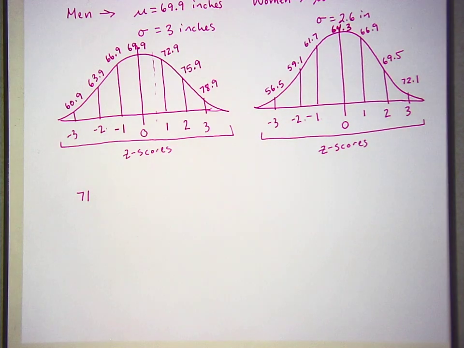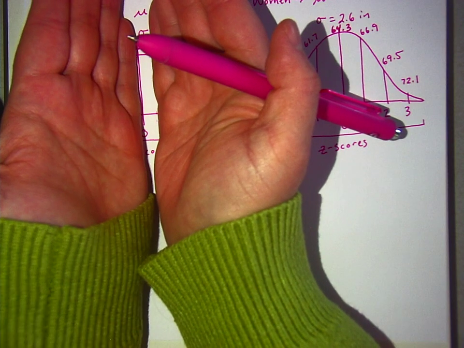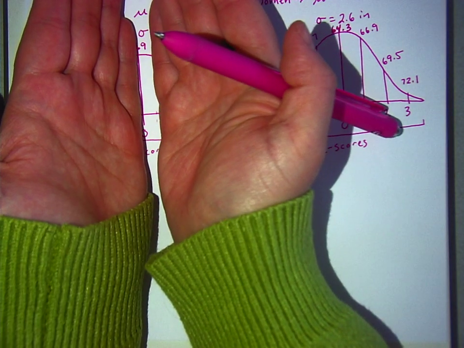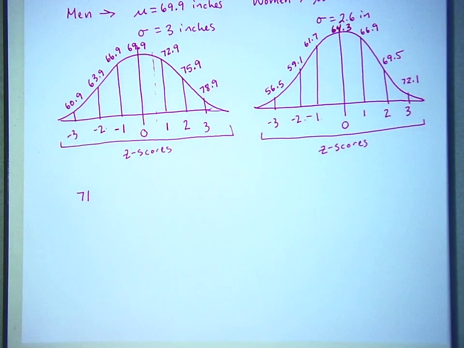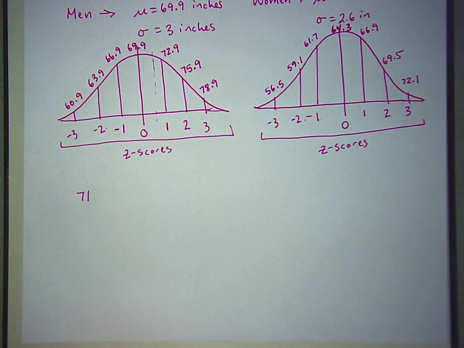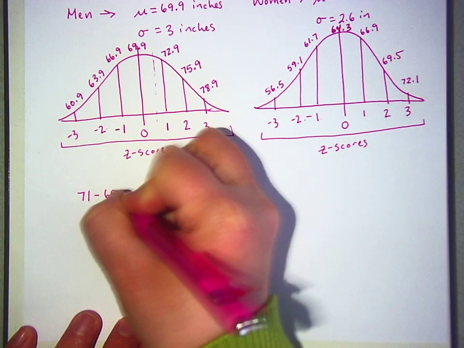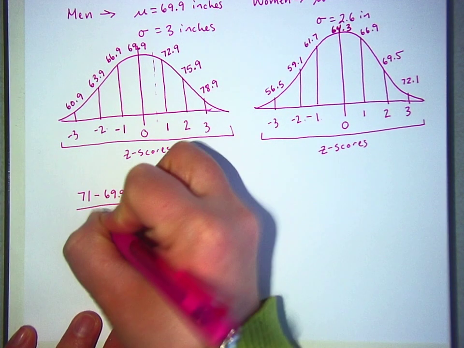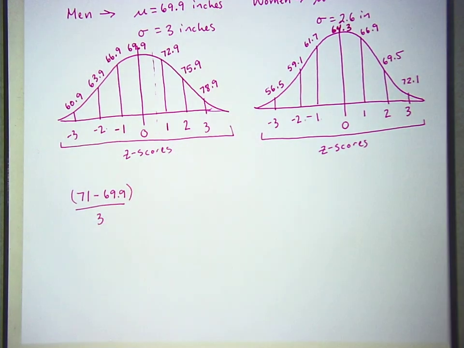So it needs to be positive. If we subtract the mean, we can figure out how much this little narrow band is. And then if we divide by the standard deviation, we can figure out how much of a standard deviation that would be. So everybody take out your calculator: 71 minus 69.9, and then divide by 3.